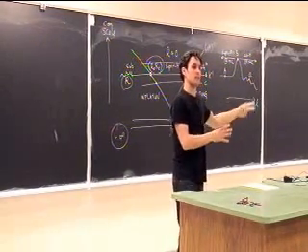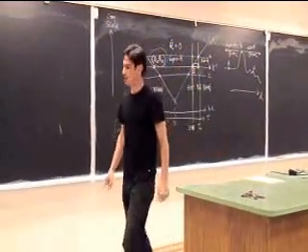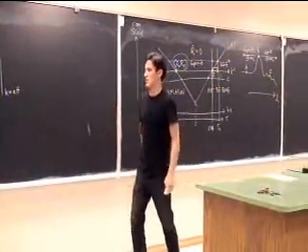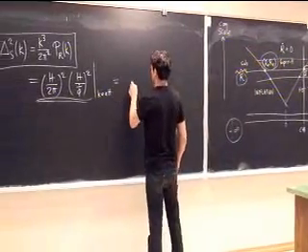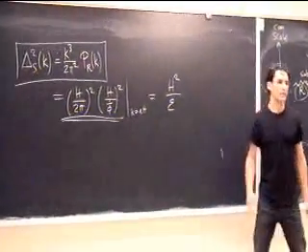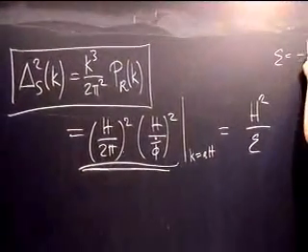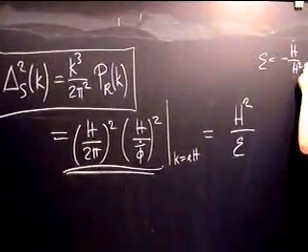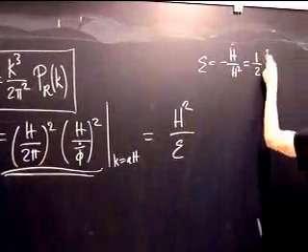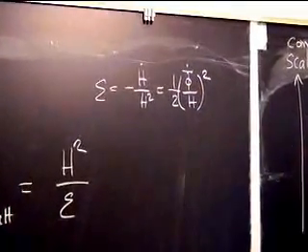Phi bar dot is also going to be different, it also changes. So this can be written as something like H squared over epsilon. Our definition of epsilon was something like H dot over H squared, or 1/2 phi dot squared over H squared.